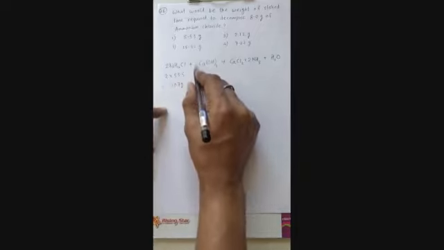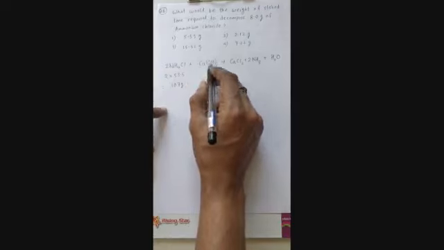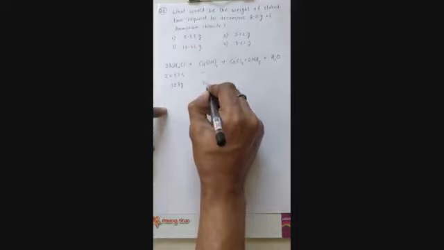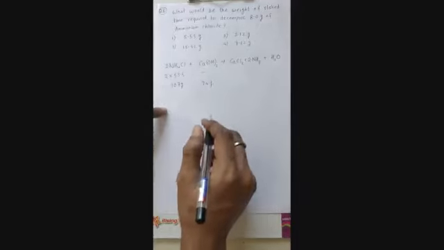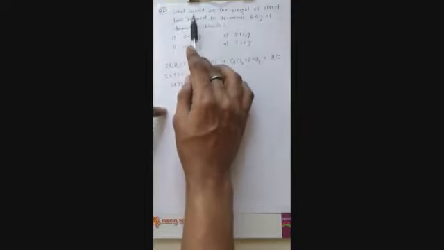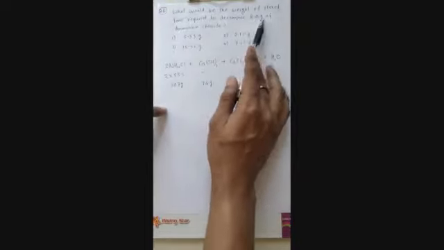In molar mass, this is 1 mole. So that is molar mass. Molar mass of this is going to be 74, so I'll write it here, 74 grams. So what I'm supposed to find is the weight of slack lime required to decompose 8 grams.